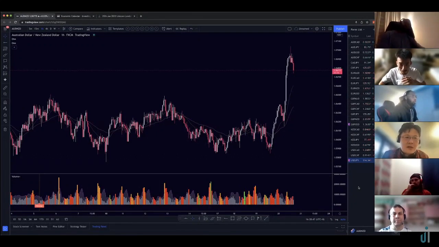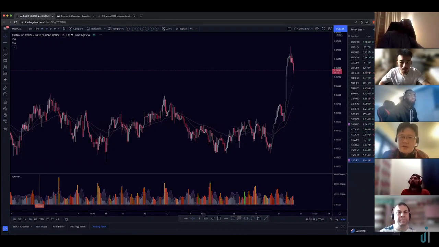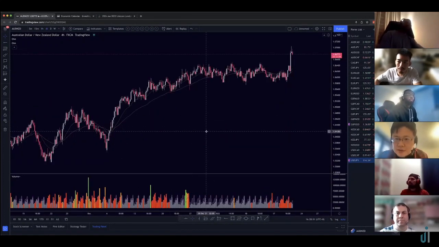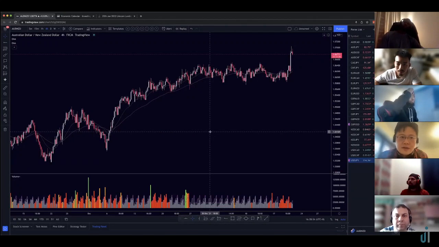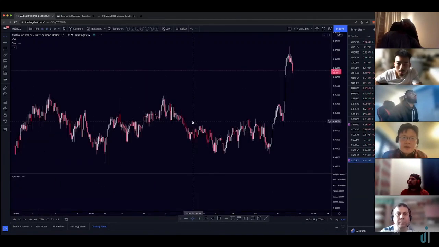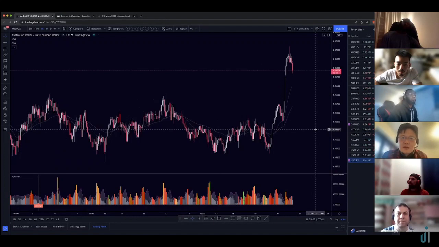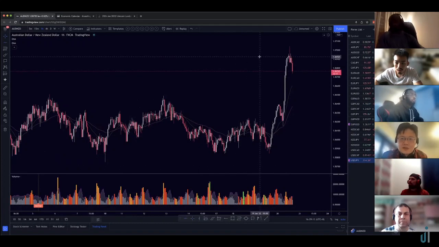I checked 4 hour. It's still far away from the 20 MA, I believe. And on the 5 minutes, we have volume behind us. We also took out the range already. So it looks like it's trying to pull back to a level where I can get an entry.